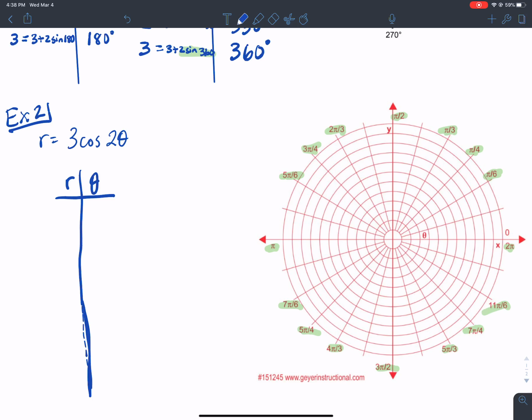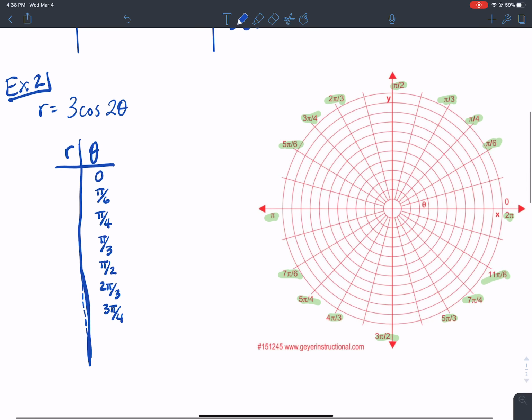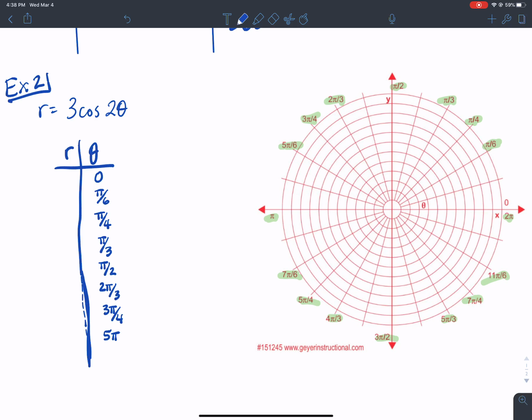All right, so we're going to start with 0, pi over 6, pi over 4, pi over 3, pi over 2, 2 pi over 3, 3 pi over 4, 5 pi over 6, and pi.